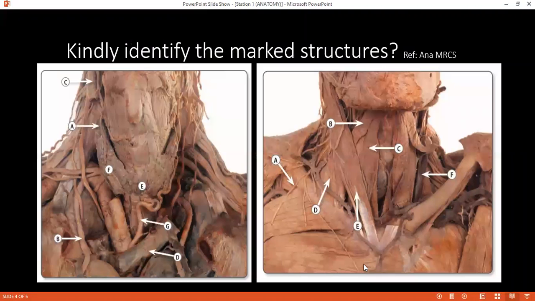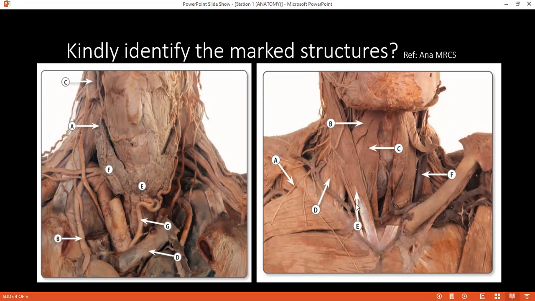Okay, good. Can you identify this C here on the right-hand side picture? It's the sternohyoid muscle. What is B? It is the superior belly of omohyoid. Can you please tell me the innervation of omohyoid? Okay.